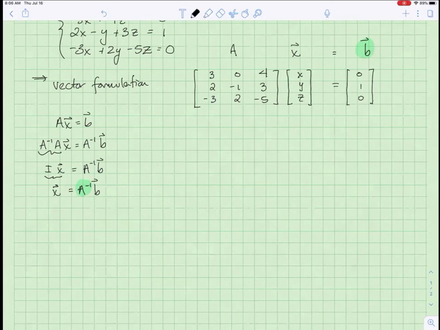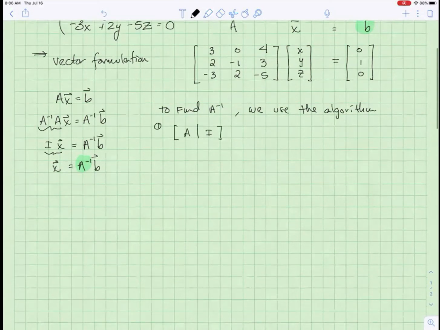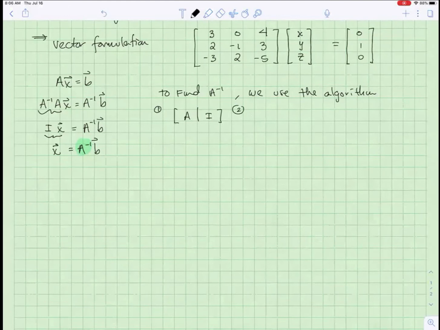Now, in order to find A inverse, recall that we use the algorithm. 1. We start with A and the identity matrix of the appropriate size. 2.